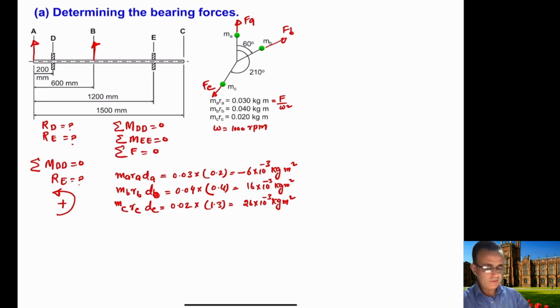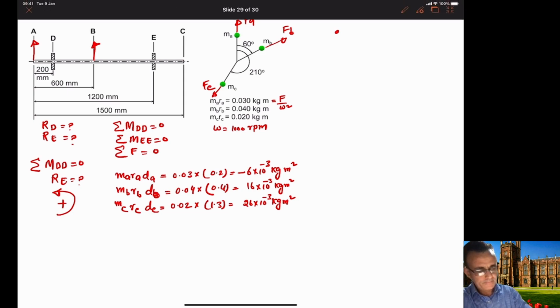Okay, so now we have all the information, and now we can draw the moment polygon. We will start with the MARADA, which is this vector here. You can start, for example, from this point here and draw the first vector, and again you will draw this with some scale.